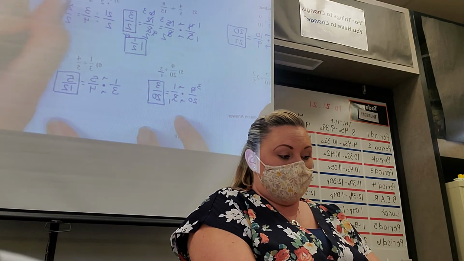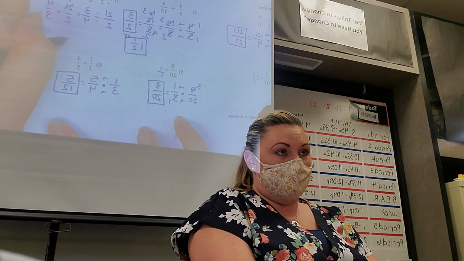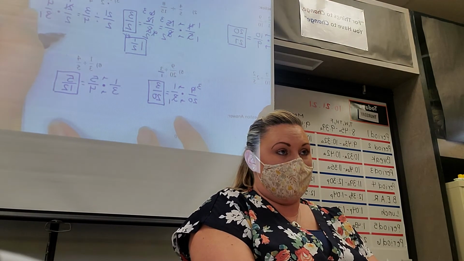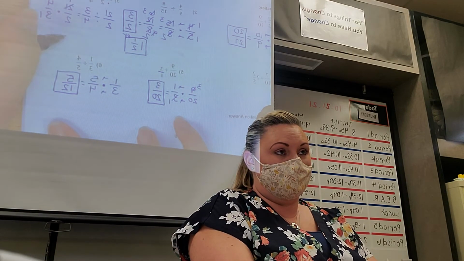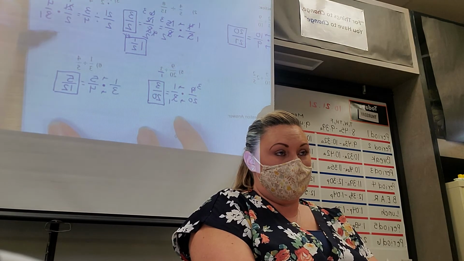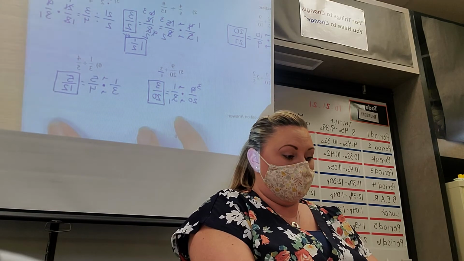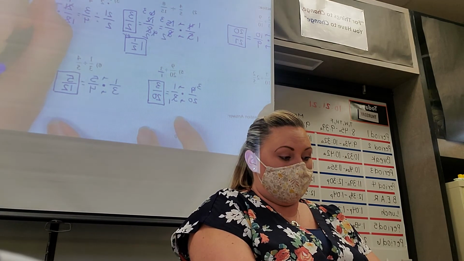It can go into 21 7 times. What about 2 and 4? Can we simplify? Taylor, can you look at your chart? Can 2 go into 4? How many times? 2. Then what do we do if we're simplified?